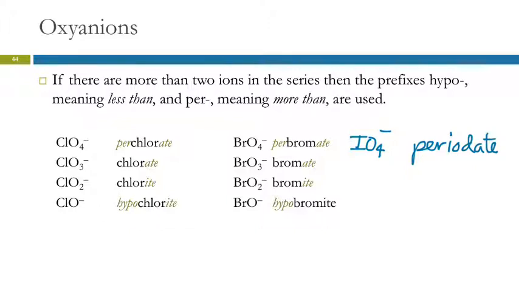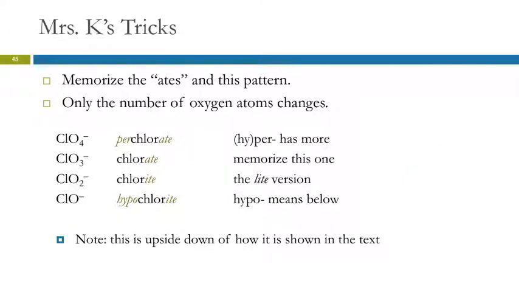So if you memorize chlorate and its pattern, you can actually write the formulas and names for 12 polyatomic ions. So memorize the ates and the pattern. The only thing that's changing is the number of oxygen atoms. The charge doesn't change. So per has 1 more oxygen. Ate is the one you memorize. Ite is the light version, and hypo is below the light version. And just so you don't get confused, this is upside down of how the book shows it, because this is below, and so it needs to be on the bottom.